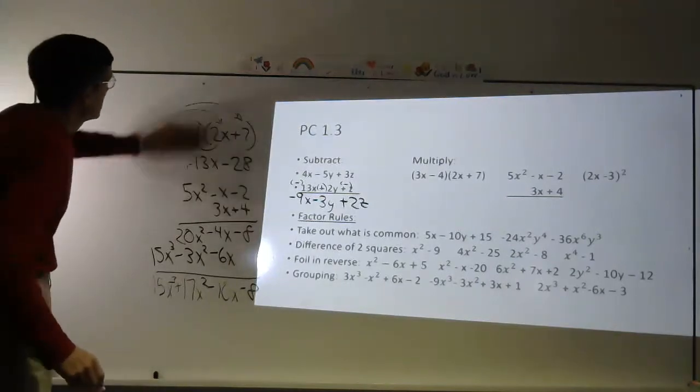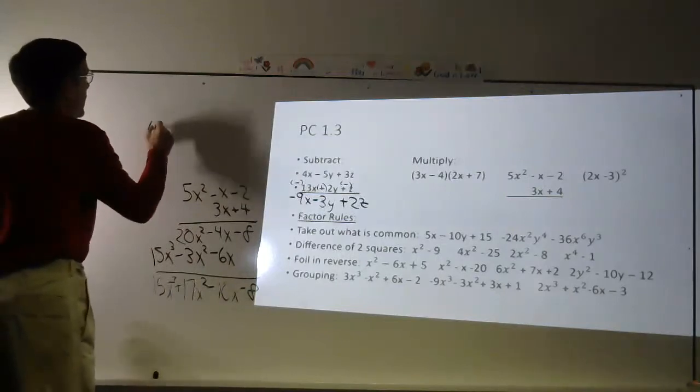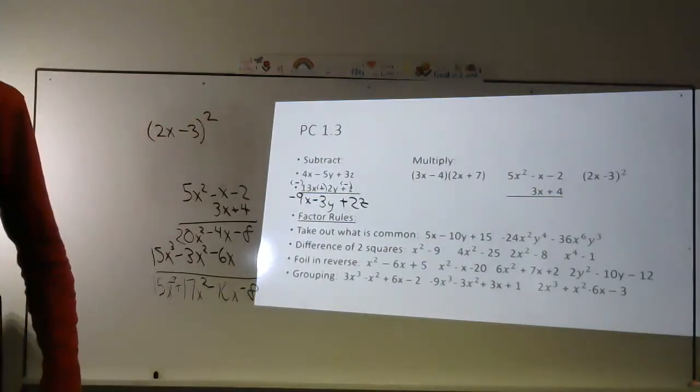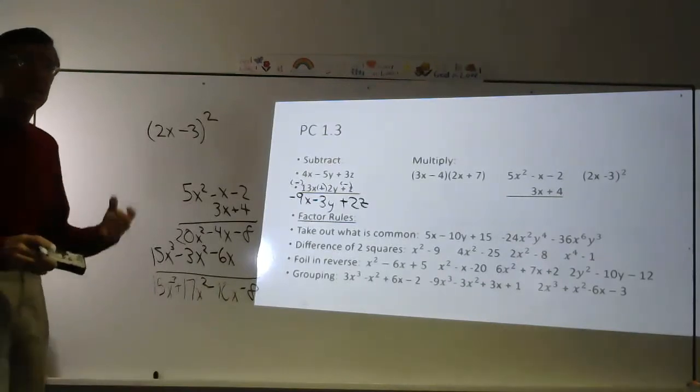How about the last one? The last one is 2x minus 3 squared. Now, we talked about exponents our last time together, okay? When we talked about exponents our last time together, I said there's kind of like a distributive property of exponents.